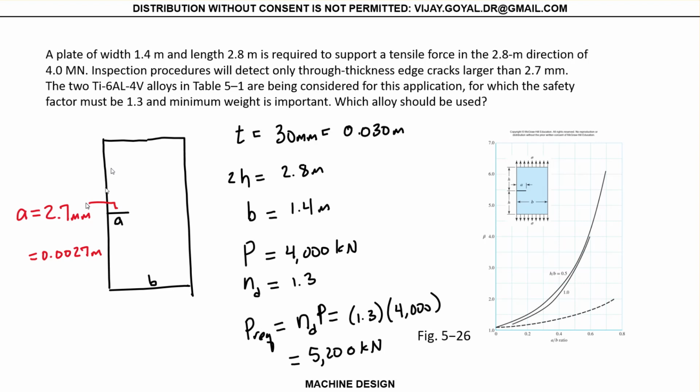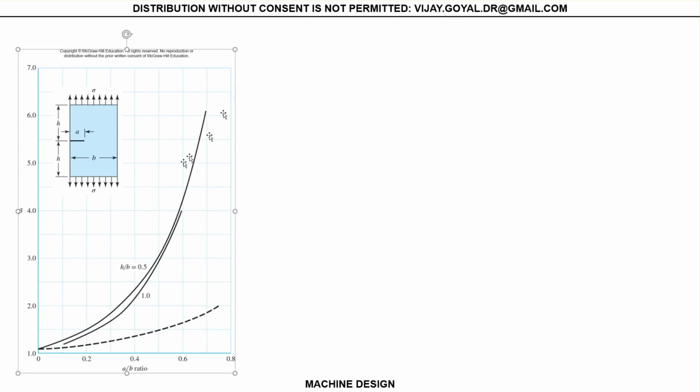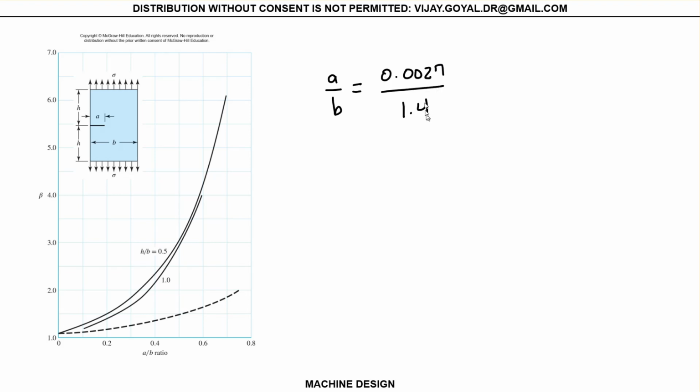Okay. Couple of things that we can do before we move on is we can come to the table, to the chart. You can go to this chart and let's go and find our beta. We're going to need it anyway. So realize that A over B is equal to 0.0027 divided by 1.4.